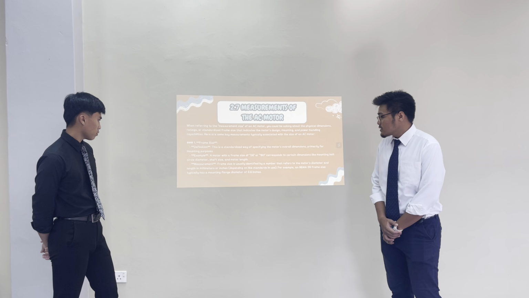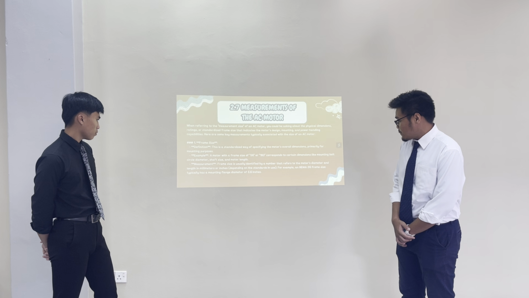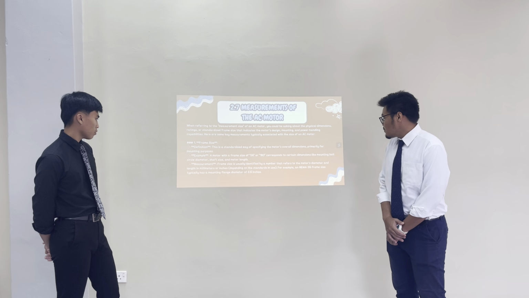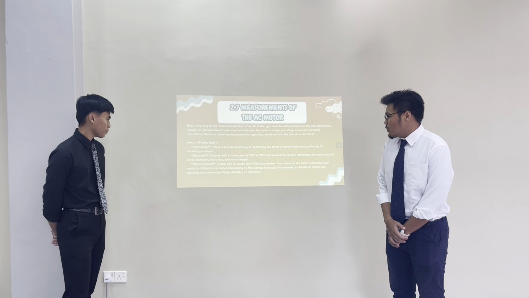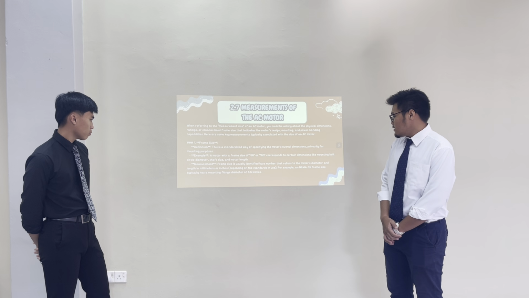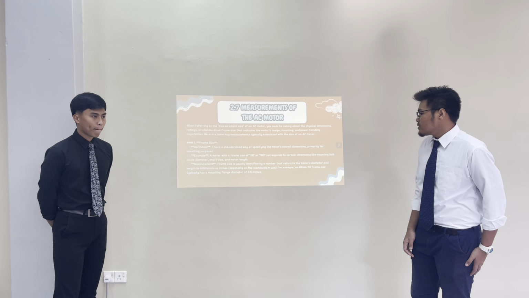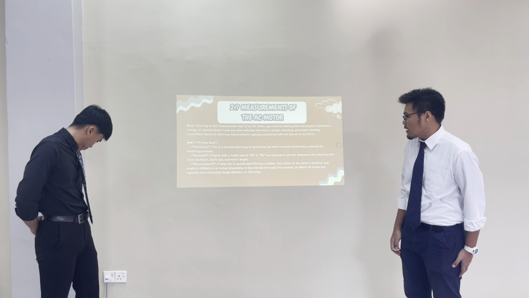First, frame size. Definition: this is a standardized way of specifying the motor's overall dimensions, primarily for mounting purposes. Example: a motor with a frame size of 56 or 180 corresponds to certain dimensions like mounting bolt circle diameter, shaft size and motor length.